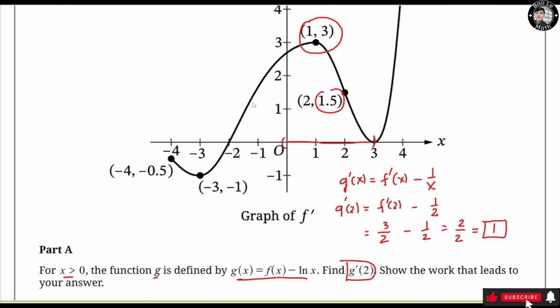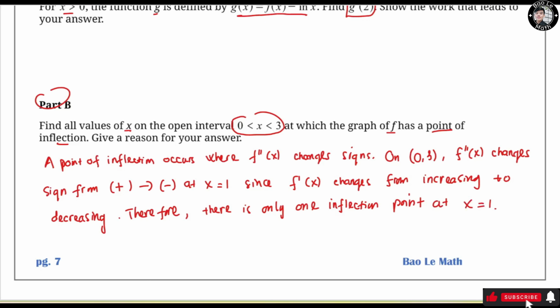Observe that f prime changes from increasing to decreasing. In other words, f double prime of x changes from positive to negative. f double prime is the slope of f prime. So if the tangent lines go this way, the slope is positive. Tangent lines going this way, the slope is negative.